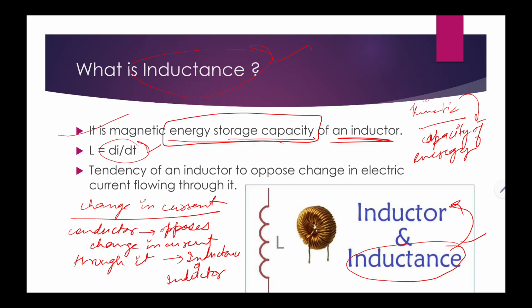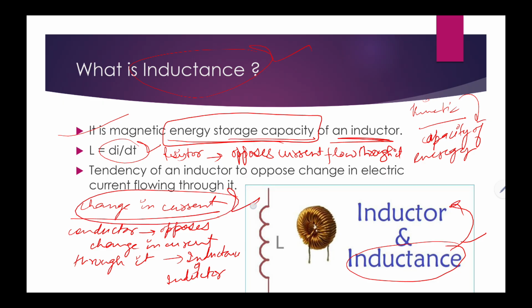In a resistor, it actually opposes the current flow through it. And in an inductor, it opposes the change in current through it, right? If it is 2 ampere and we want to shift it to 1 ampere or 3 ampere, the inductor doesn't want to change it to 1 ampere or 3 ampere.